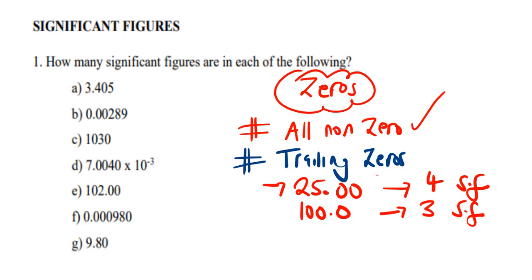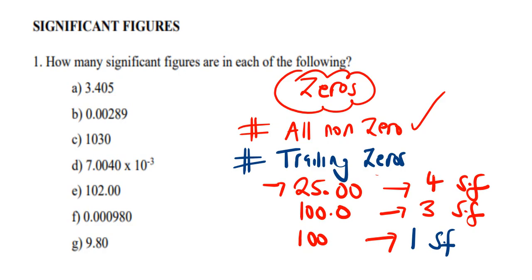Now, what about if I have just 100? In this case, we are not really sure if the 2 zeros are significant or not. Therefore, this one is just going to have 1 significant figure. Okay? So, for trailing zeros, they are only significant if they are followed by a decimal point.